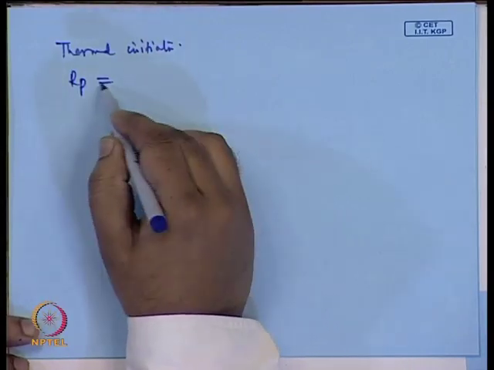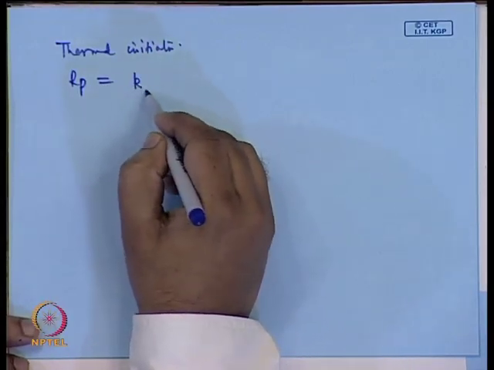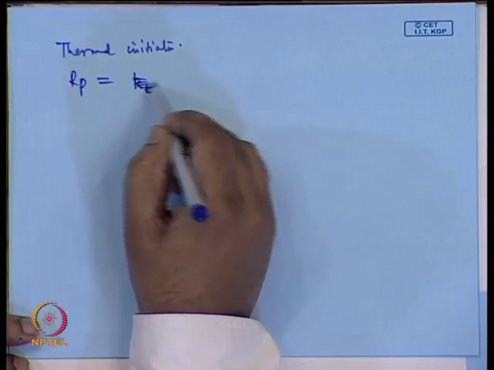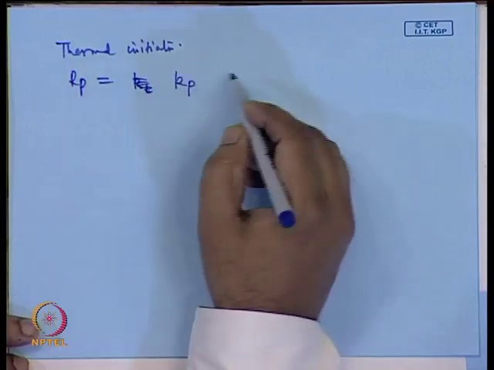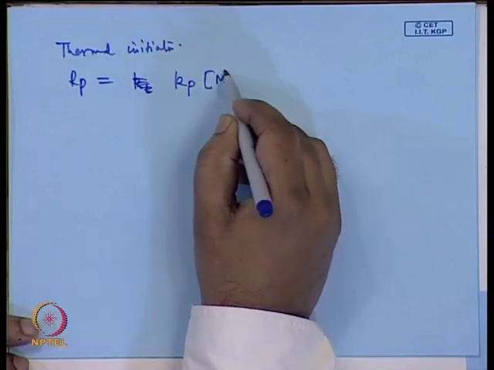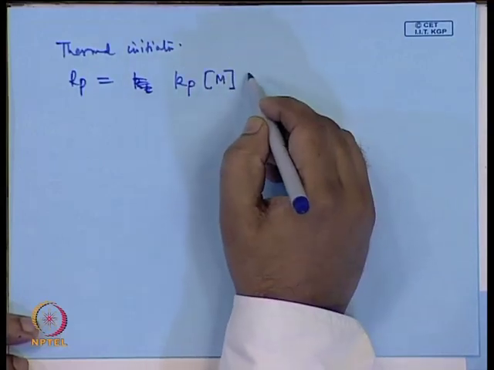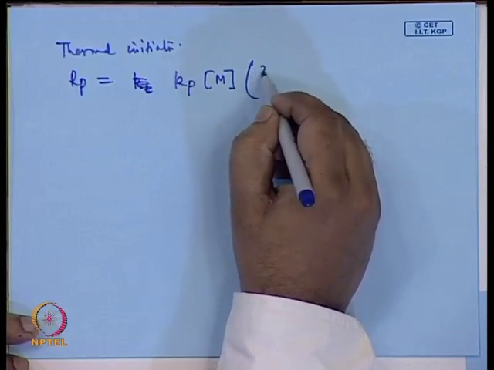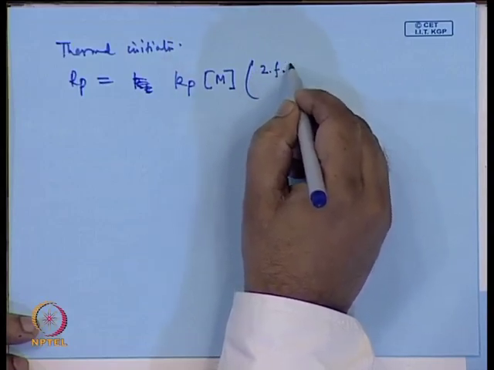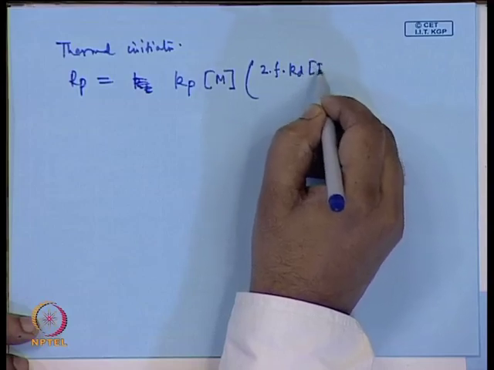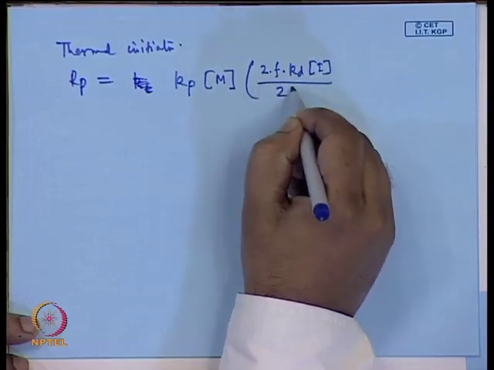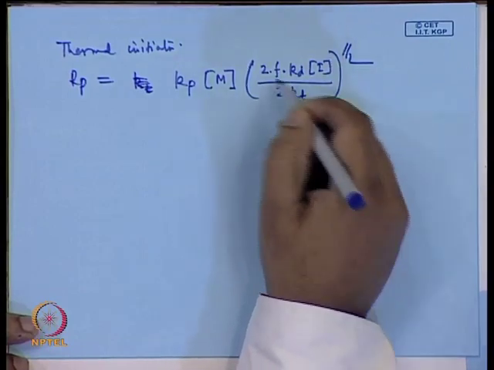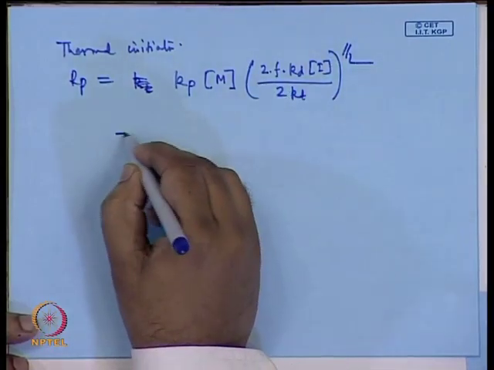Rp is given by Kp m, Ri, where Ri is twice F Kd I, over twice Kt to the power half, these 2 cancel out.